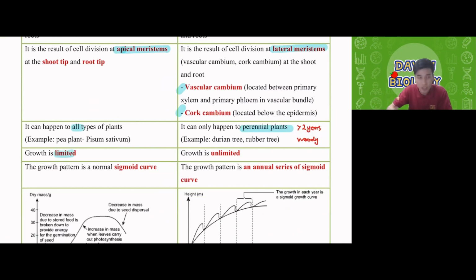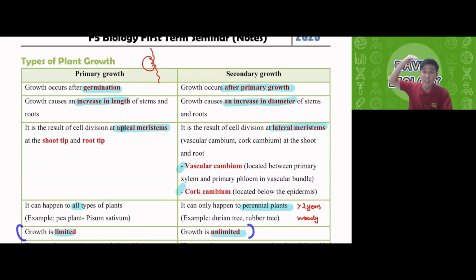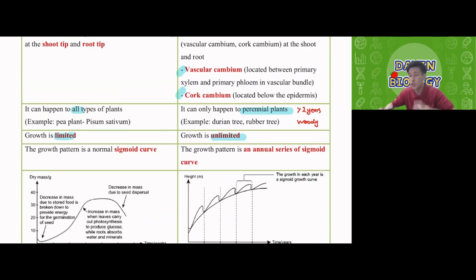Then primary growth is limited, unlimited for secondary. So this is like human. Since primary growth is increase in height, length, just like human, there's a limit of how tall we can grow. But there's no limit of how wide you can grow. Same like plants. The more you eat, the wider you become. And the last one is the growth curve.